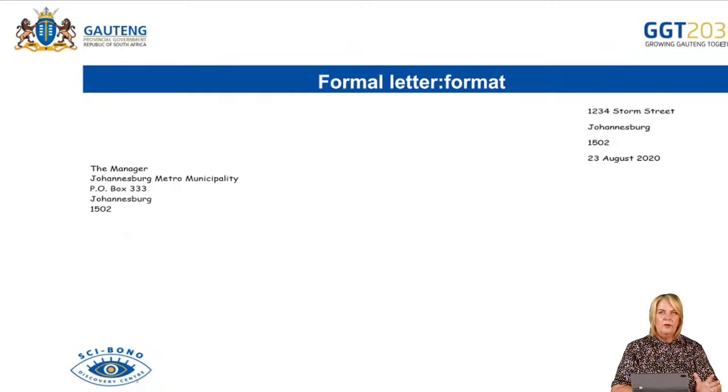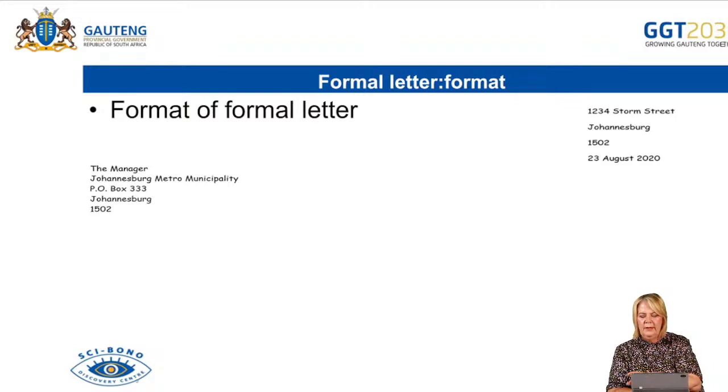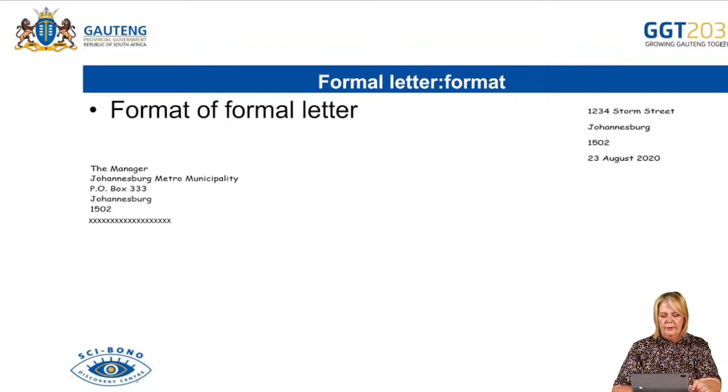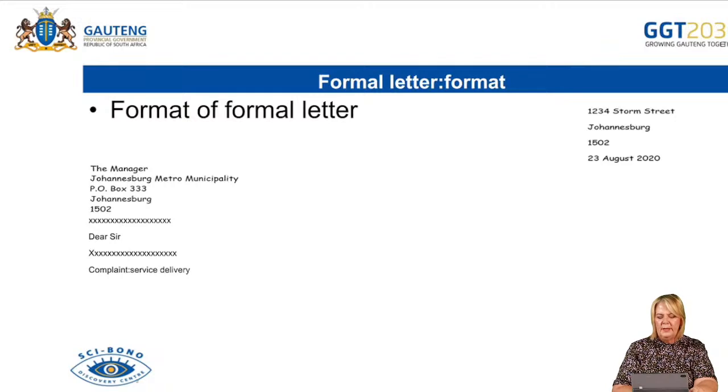So let's take a quick look at a put together one. So you've got your address on the right, you've got the recipient's address on the left, the person the letter is addressed to. Then a line is skipped. Your salutation, dear sir, remember not sir/madam, you choose one. A line is skipped and then your topic sentence is included.